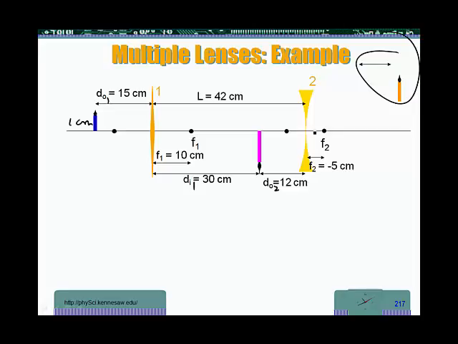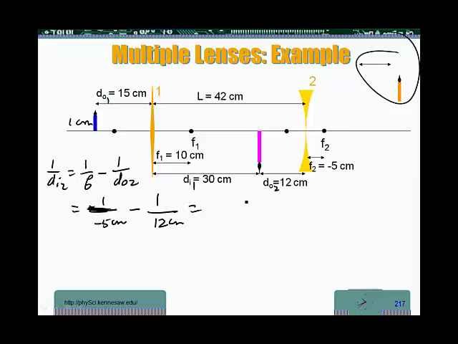We use the lens equation like we used last time. 1 over DI2 is equal to 1 over f minus 1 over DO2, and in this case it's going to be 1 over minus 5 centimeters minus 1 over 12 centimeters.